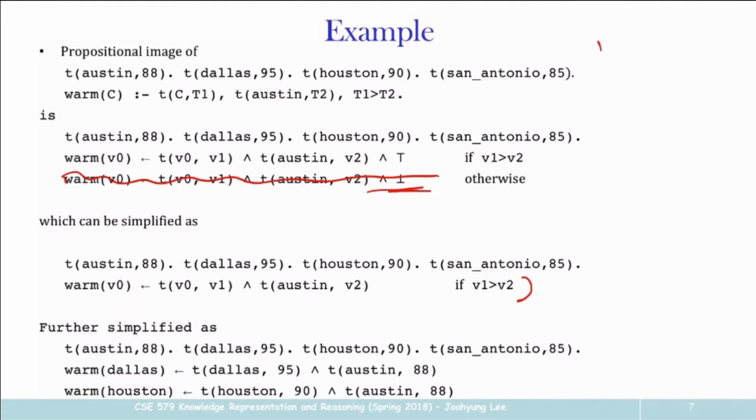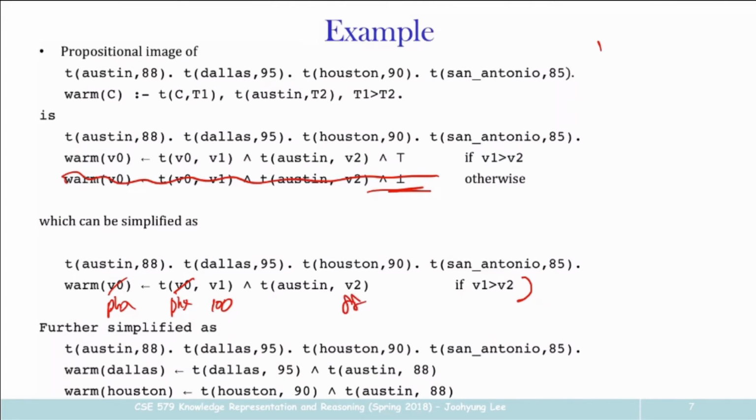So regardless of V1 and V2, let's say this is Phoenix. I can write, what is the current temperature? Let's say 100. Now Austin is actually 88. Let's use this value.